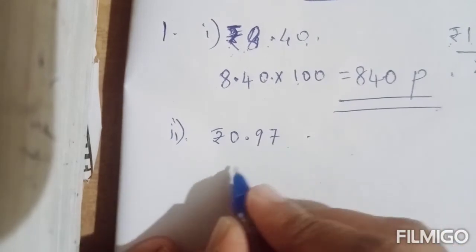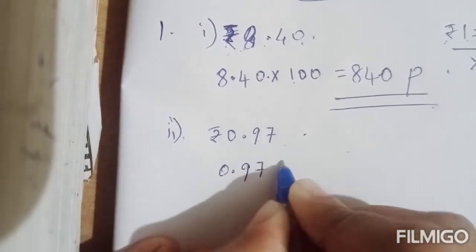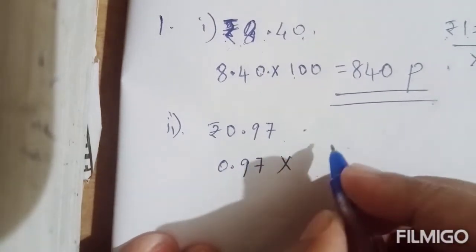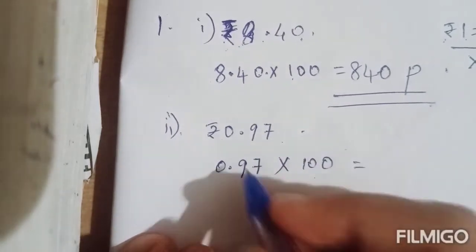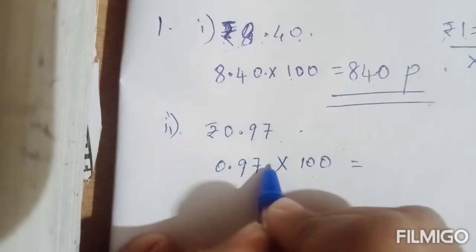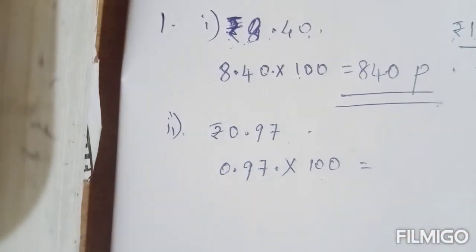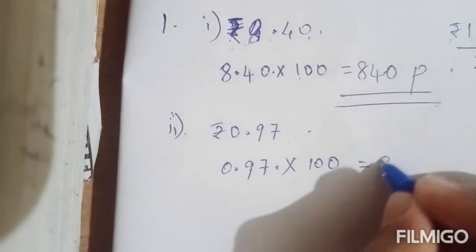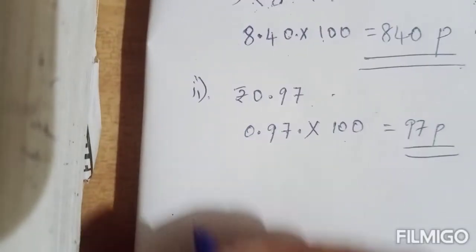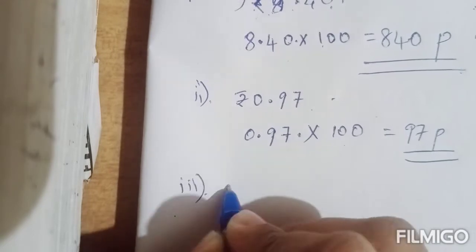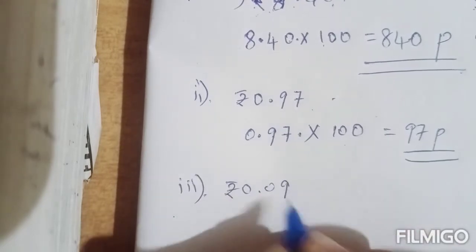So in order to convert rupees to paise, just multiply the given rupees by 100. 0.97 into 100. So decimal point will move 2 places to the right and you will get 97. 97 paise.